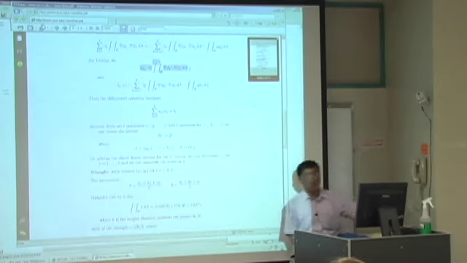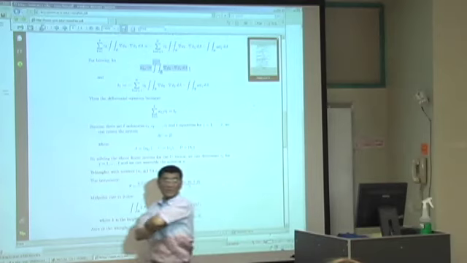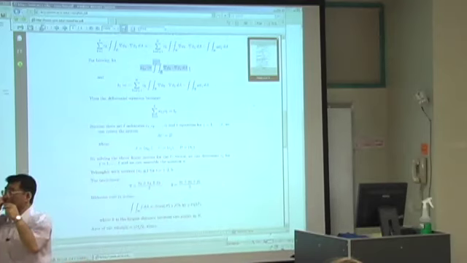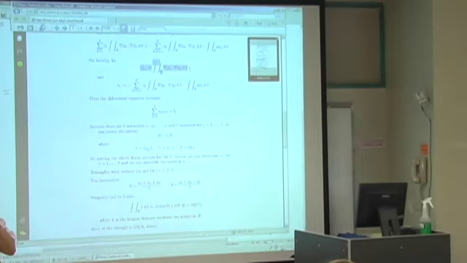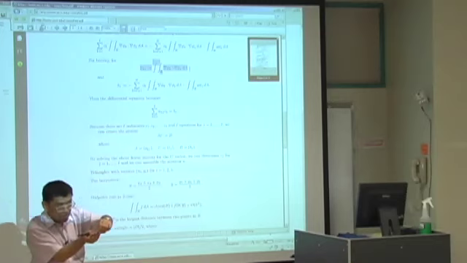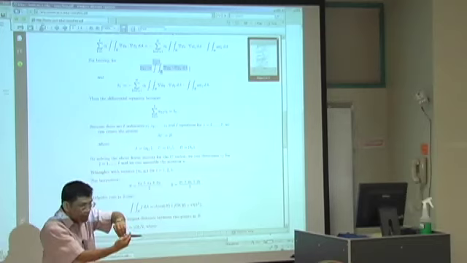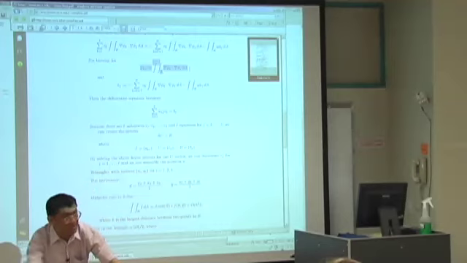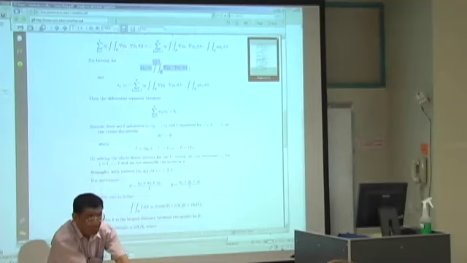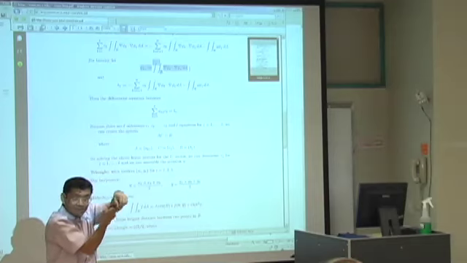But this definition doesn't just ask us to integrate over one triangle. It asks us to integrate over the whole domain. That's the reason why we are integrating over the surrounding 6 triangles, because outside these surrounding 6 triangles, the integral value will be 0. So all we need to do is the 6 triangle integration.